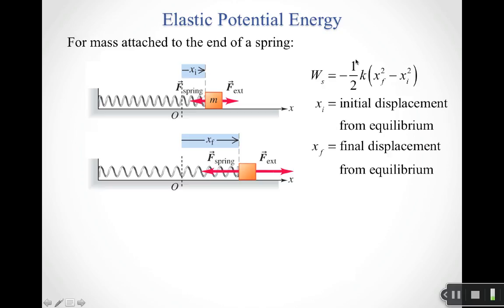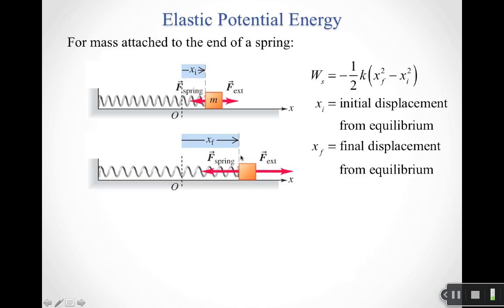When we calculated the work, we said, well, the work done by a spring is equal to negative 1/2 k, here again is our spring constant, times the final displacement from equilibrium squared minus the initial displacement from equilibrium squared.